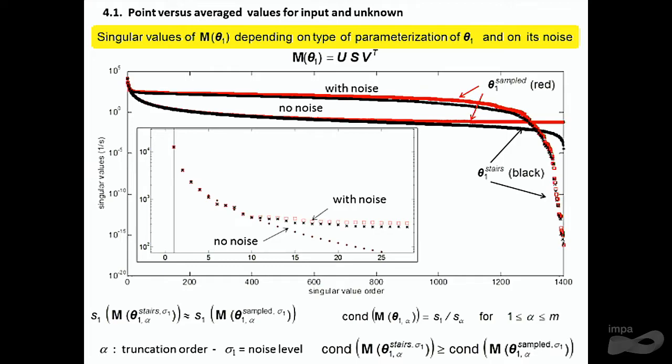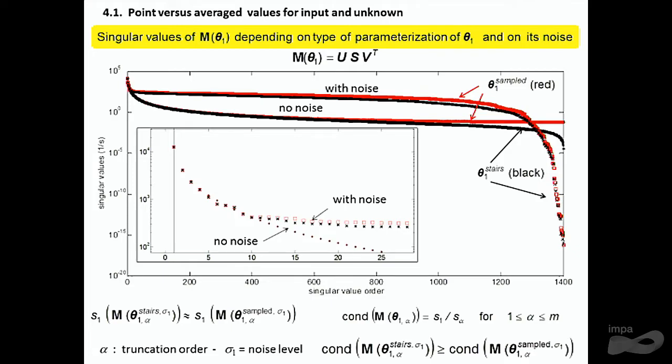So here we track the singular values of M of theta 1 with noise and without noise, using theta 1 either as sampled or as integrated over a time step. You see there is a zoom here. You see that with noise, there is a difference when you have the 10th singular value; here we had a big number of measurements.